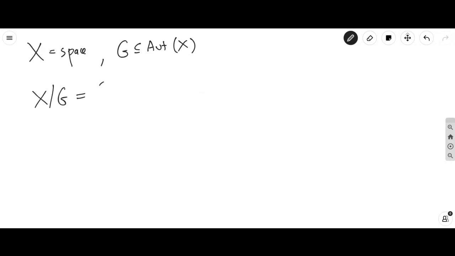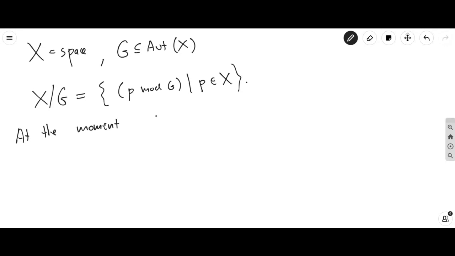So let's just discuss the setup again. So X, this is a space. G, this is a subgroup of the automorphism group. And X mod G, this is the set of all classes mod G, where the point ranges over X. So at the moment, X mod G is just a set.